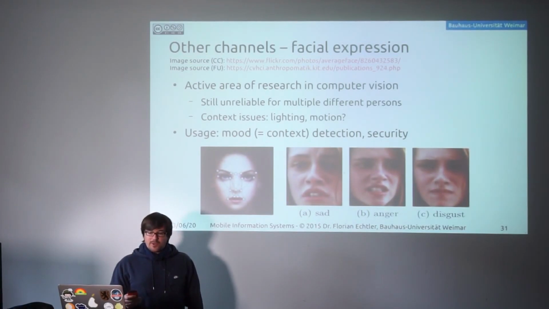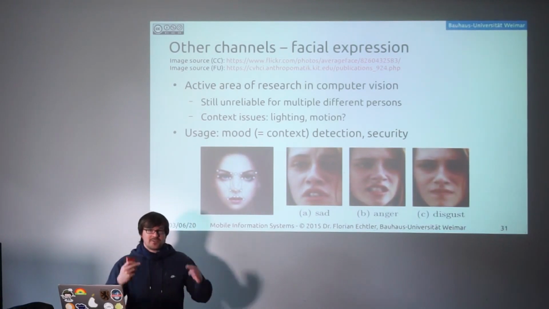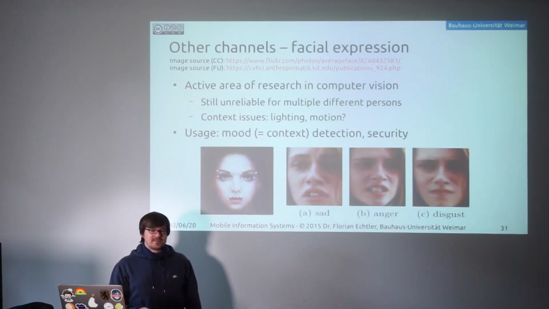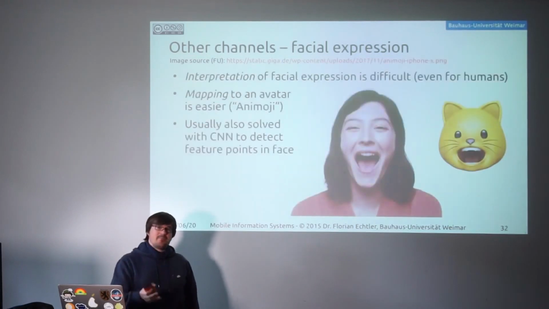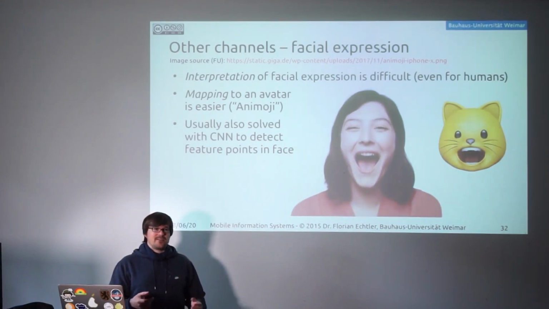However, what works fairly well by now is if you just take the geometric information about these points in the face and map them to a different object, for example, to this kind of avatar. So this was popular like 2 or 3 years ago with the new iPhone X, I think, and they call it Animoji.